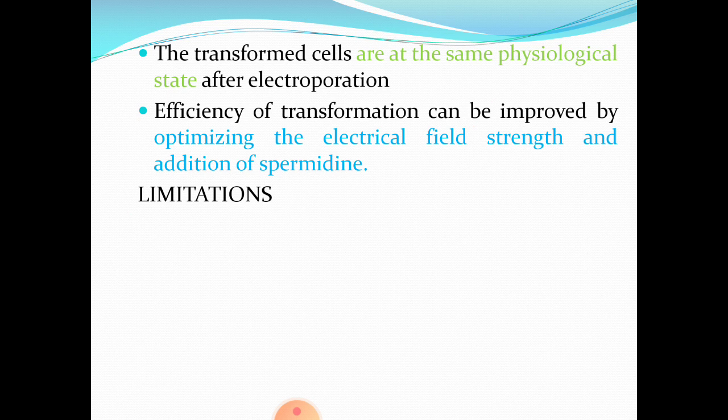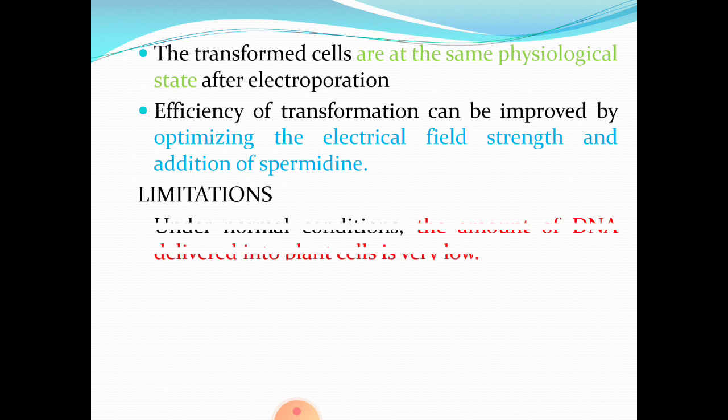And further, the efficiency of transformation can be improved by optimizing the electrical field strength and addition of the chemical spermidine. So, before designing the experiment, you have to standardize the electrical field strength and the concentration of spermidine. And if you follow standardized protocols, automatically the efficiency of transformation will be improved.